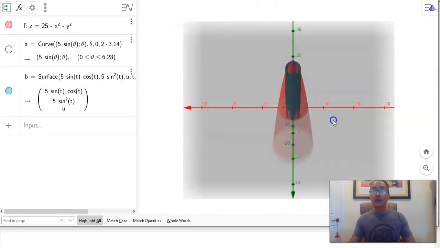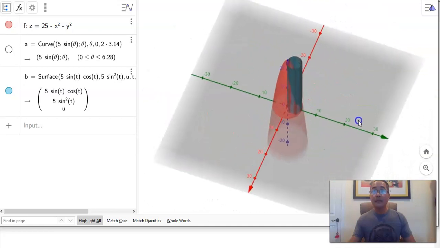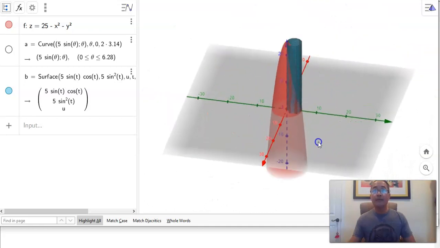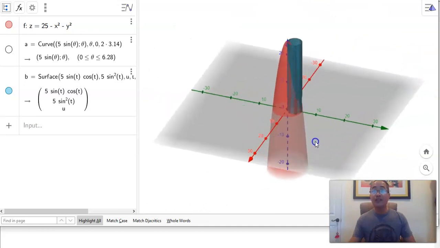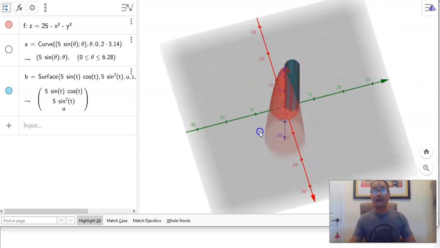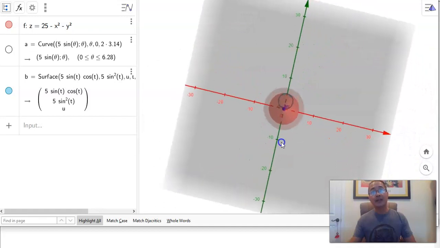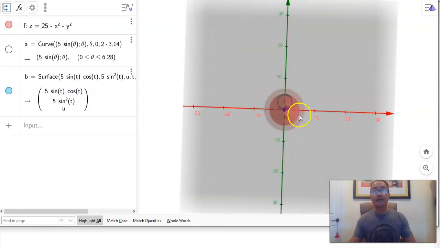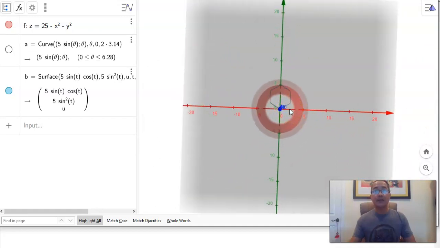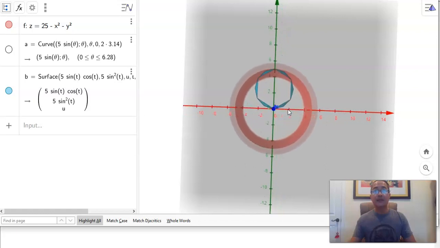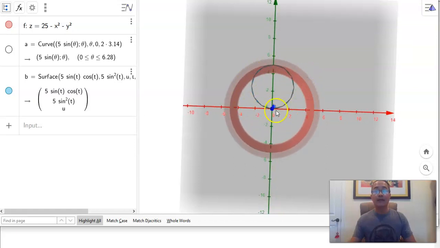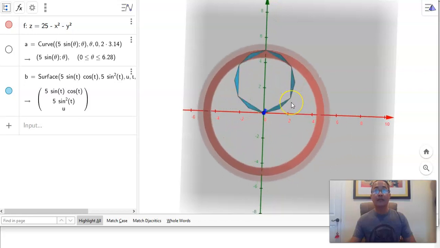It really is like a cookie cutter, except notice it's not centered. Let's look from the top. Check it out. You're getting that circle, but it is centered on the y-axis, not at the origin.